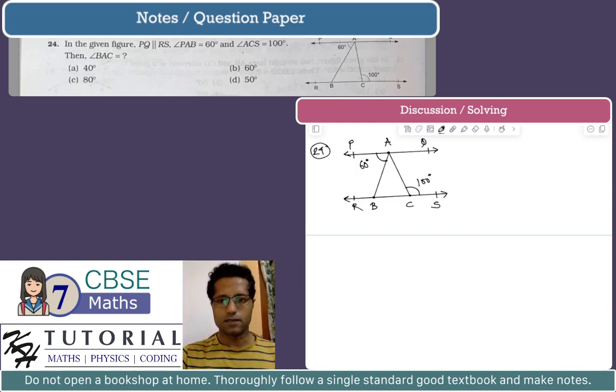And we are asked to find angle BAC. Let's call this angle BAC x degrees. Now we have to find angle x.